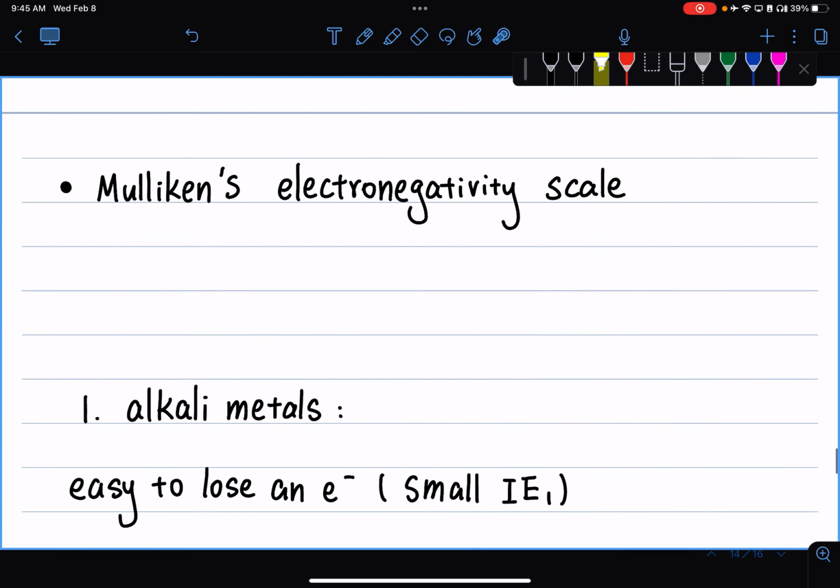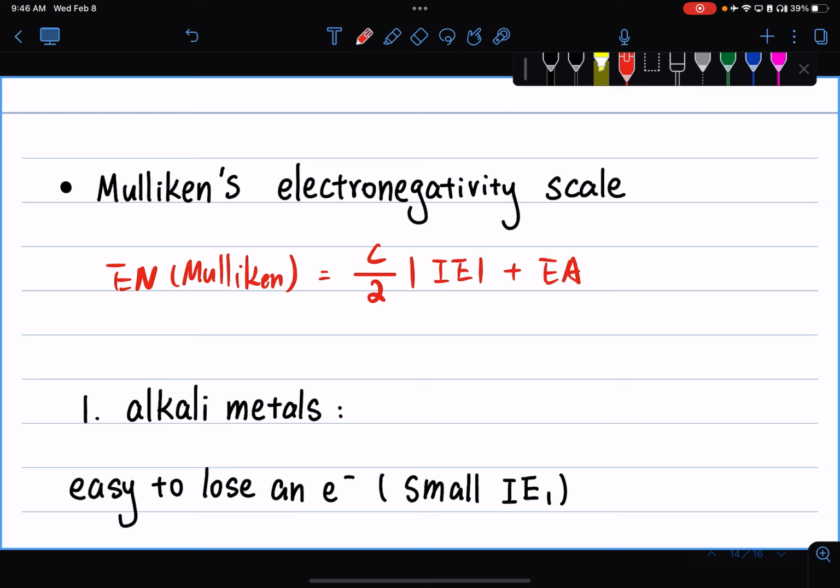There are 2 different popular scales of electronegativity. We'll just focus on the Mulliken scale for this course. So what we have is EN, that stands for electronegativity, Mulliken. That equals some constant times the absolute value of the first ionization energy plus the first electron affinity.